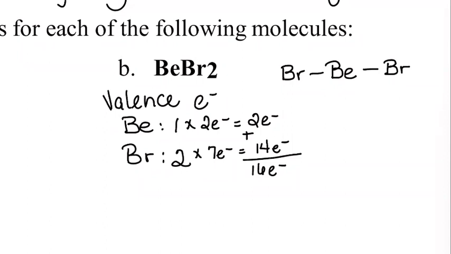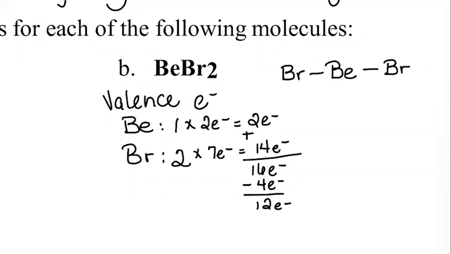Excellent job, 4 electrons. Because remember, a line means 2 electrons. So since there's 4 electrons being shared by the lines, then we're going to subtract 4 electrons from the system. That means that we have 12 electrons left to put in this molecule.